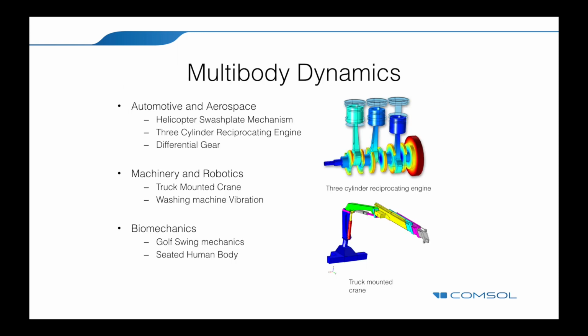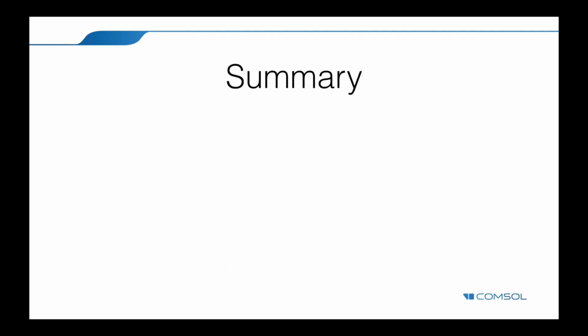And of course, there are many more solutions for automotive and aerospace, for machinery, robotics, and of course it can be used for biomechanics applications, for a human body to take into account the comfort and dynamics of a passenger in a car. So these are the capabilities of the Multibody Dynamics module.